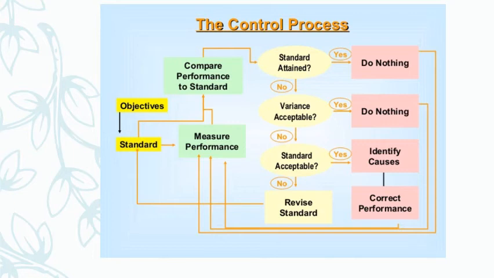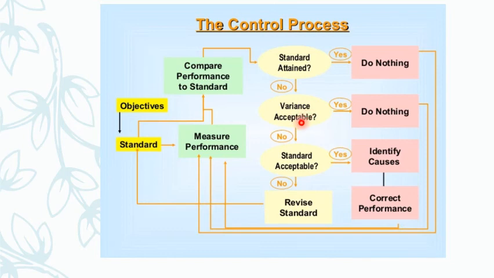At these points, we will be comparing our performance with the set standards and checking whether the standard is attained. Then if the standard is attained, then there is no need for any correction action. So do nothing. But if the standard is not attained, then we will be looking for the reasons for variation.